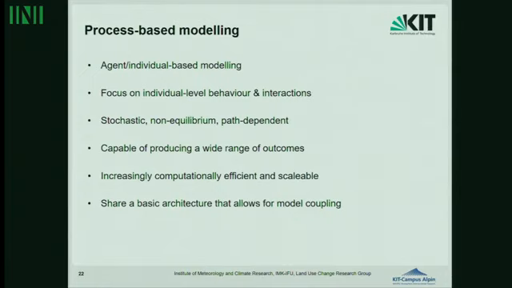An important feature of these models is that they're stochastic, non-equilibrium, and path-dependent, so they can produce a really wide range of outcomes. They're very unconstrained, which means they have very high requirements for data, for inputs, and also for computational resources. However, they are becoming increasingly computationally efficient and scalable, and they share this basic individual level architecture, approach, perspective that means in principle they can be combined relatively easily, we would hope.